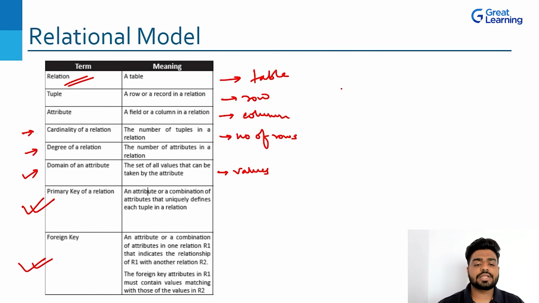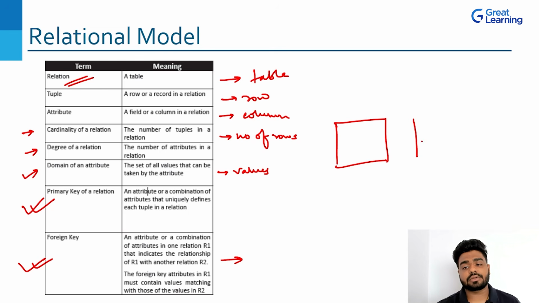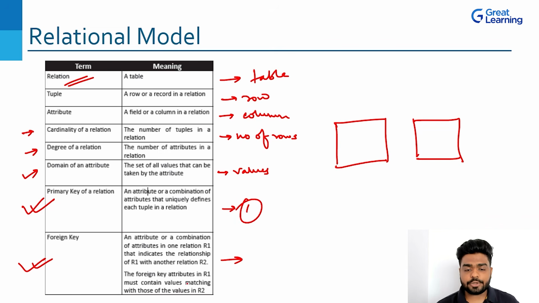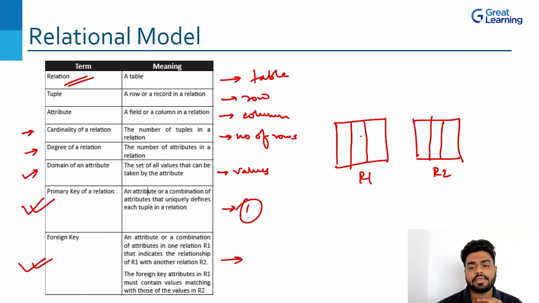Now let's talk about what is foreign key. Now understand, if you have two tables, I'm saying two tables, okay? In primary key, each and every table should have one primary key. When you talk about foreign key, we talk about two tables. Let's say relation 1 and relation 2. Now here we have some columns and here we have some columns, okay?